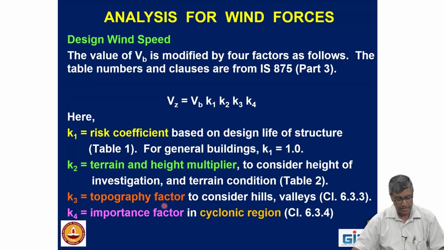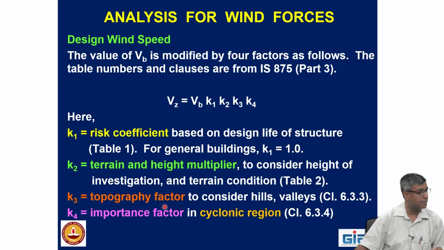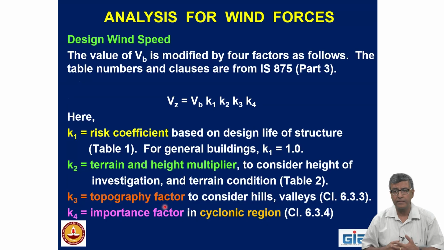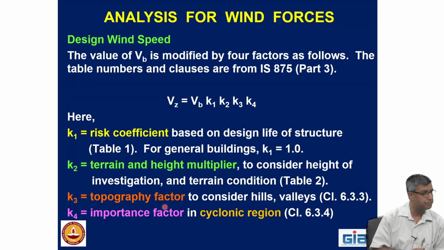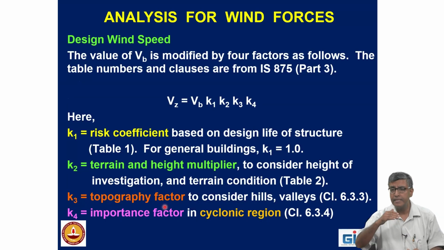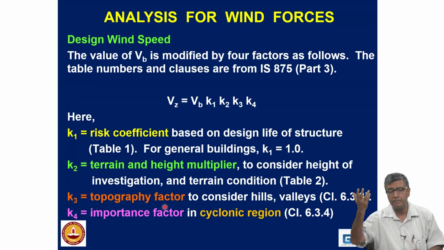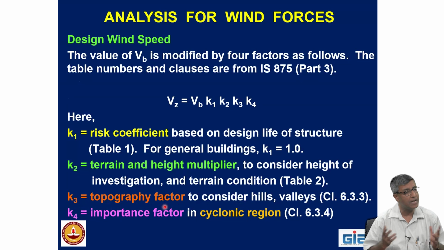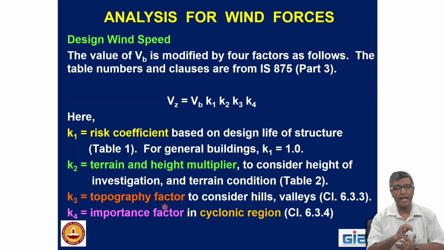K3 is a topographic factor. That means, say in a valley region, a few months back the Beta Valley was in the news. I myself visited that place. There, in the valley region and at the top of the hill, the values of K will be different. And the fourth is the importance factor in cyclonic regions.